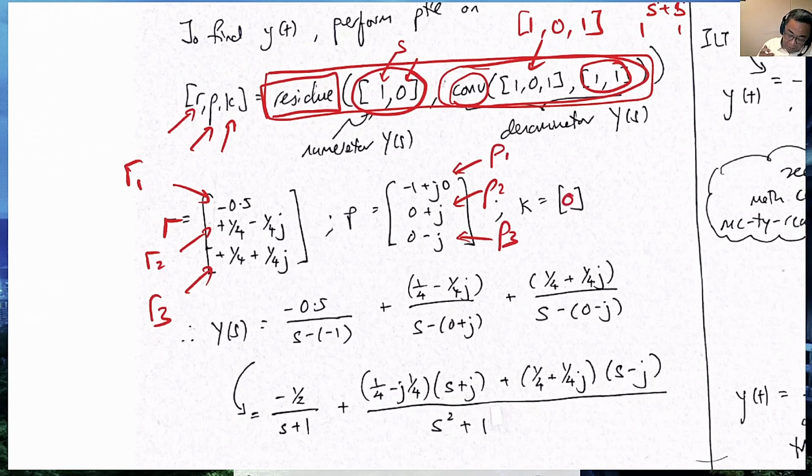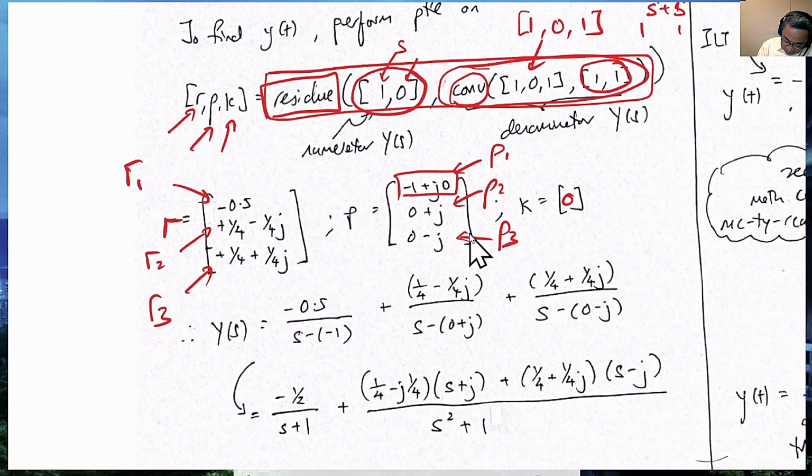Once we have r, p, k extracted from this residue, we can use these coefficients and put it in this form. Our poles are distinct: minus 1 plus j0, plus j and minus j. So there are no repeated roots, and it's very simple. First, we take these poles and put them at the bottom.